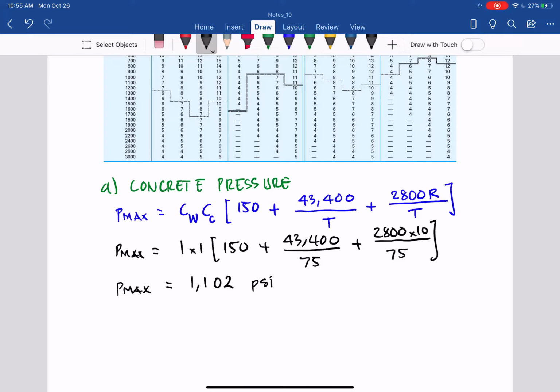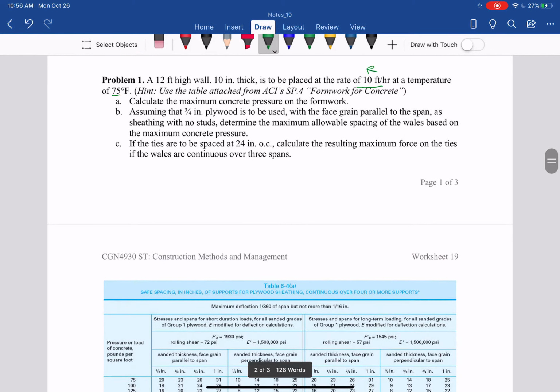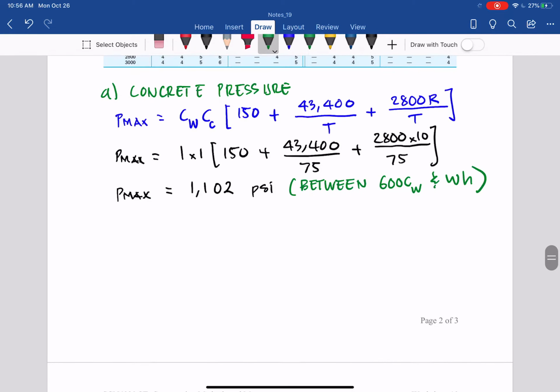And we need to make sure that it is between the minimum 600 Cw, which is 600, and the maximum wH, which is 150 times H, 150 times 12, so that is the greater amount, so it is between that.